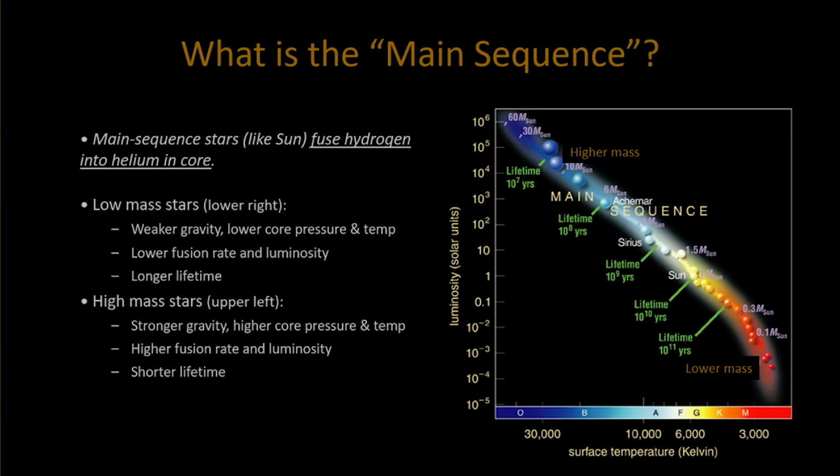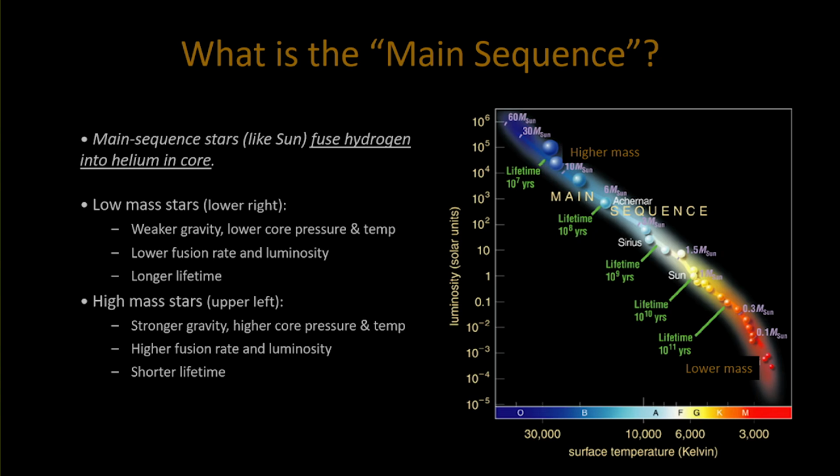Do you see that? So here on the main sequence, at a glance, we get a very good understanding of stars, what we just walked through. The low mass stars have weaker gravity, lower core temperature, lower fusion rate, lower luminosity. And I also added that they have a longer lifetime.